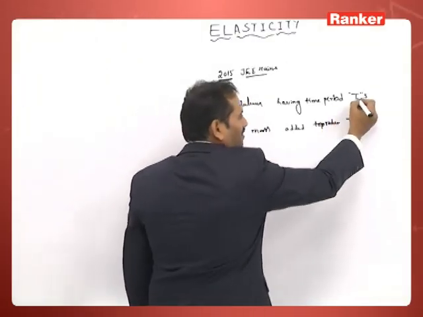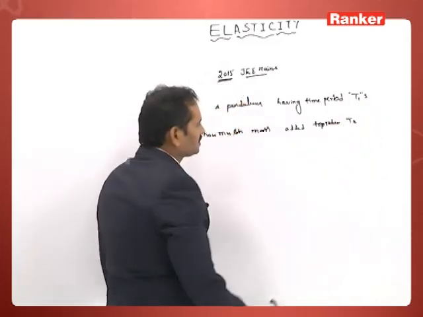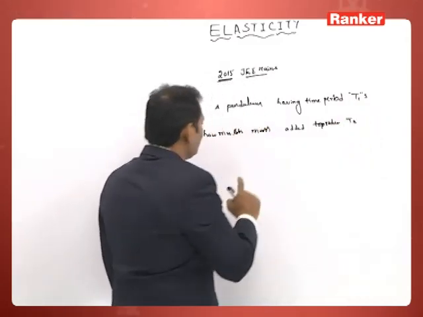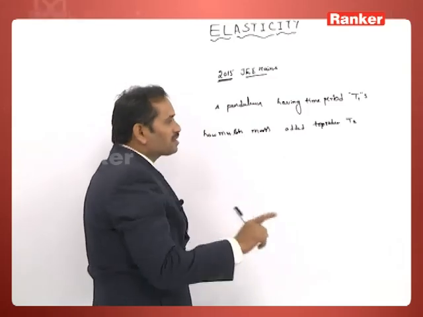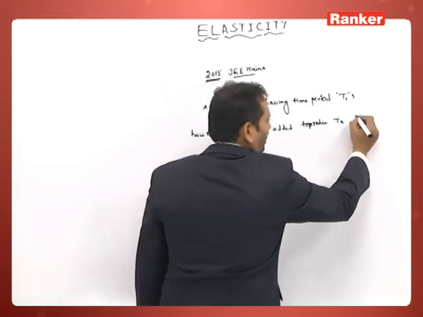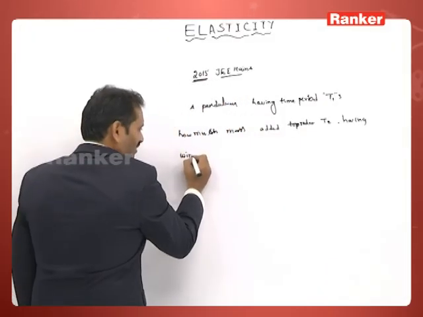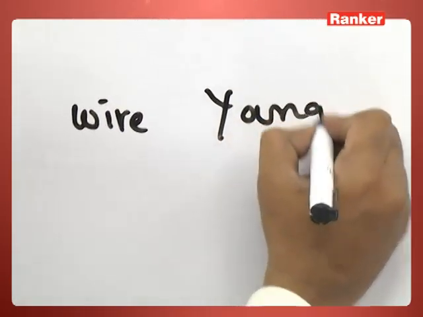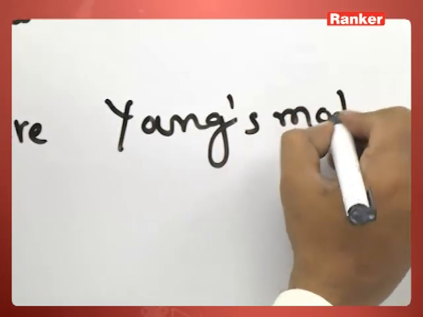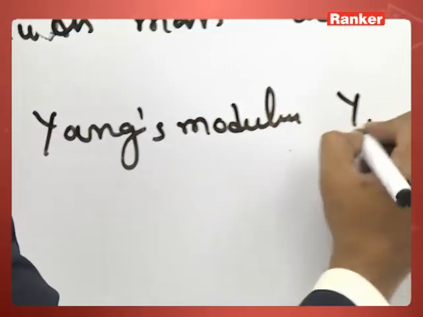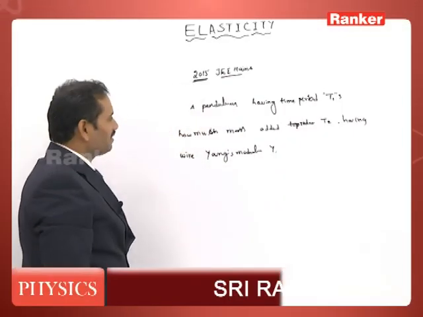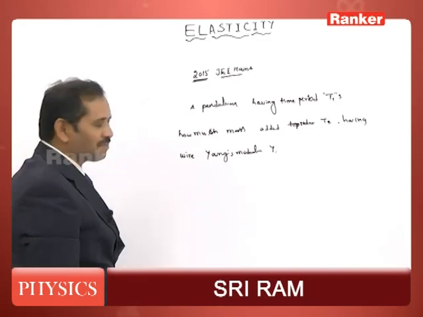Let it be previous T1, now it is T2. How much mass is added to produce time period T2, where the wire has Young's modulus Y? They have given it like this. How to do this type of problem?